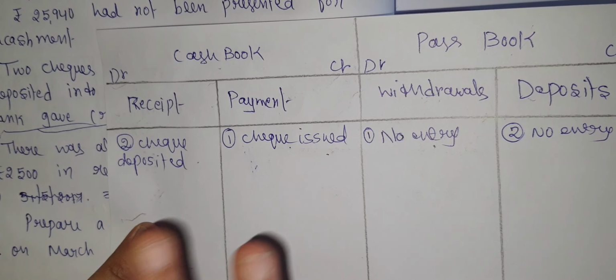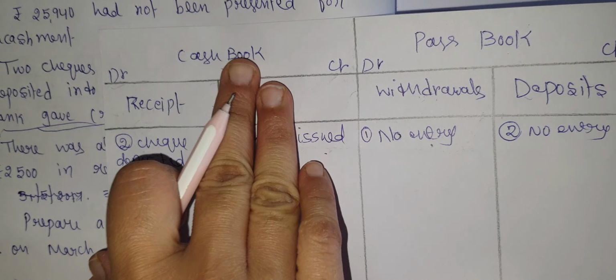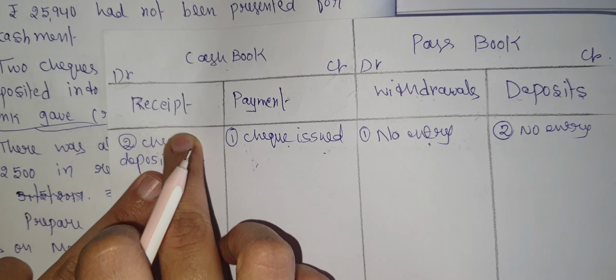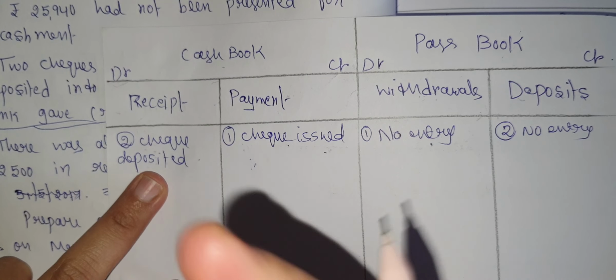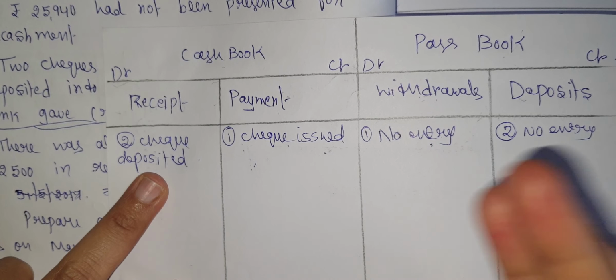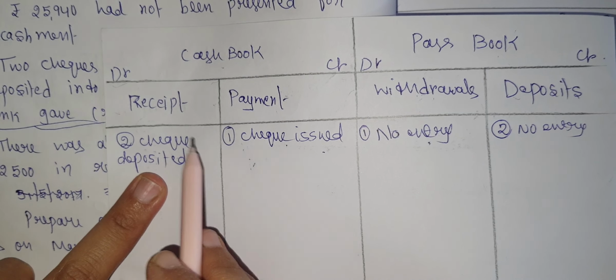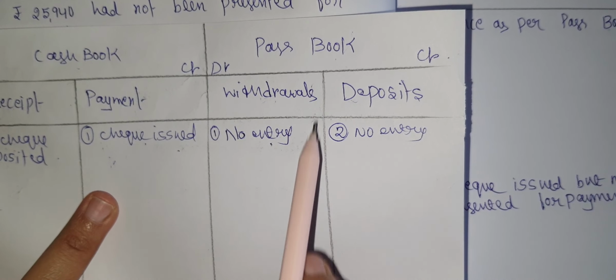Second step, make the comparison of cash book as well as passbook. Here cash book balance is more. Why? They are receiving the checks from the customers. They are receiving the check from the customer, means this is the income for XYZ Limited, means cash book balance is more compared to the passbook.